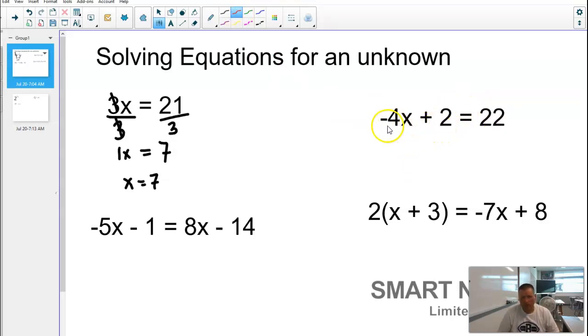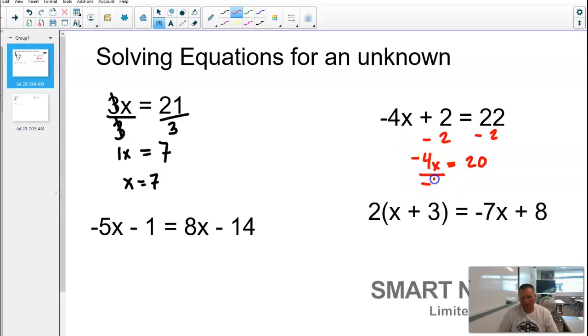This top right one, again, I'm trying to figure out what x is, so I'm going to get everything away from that. I've got this -4 that's timesing to it, and this added 2. I'm going to get rid of the 2 first. To get rid of addition is subtraction. That cancels it out and makes it 0. We just don't need to write it. I am left with -4x on the left side, and on the right side I'm left with 20. Then I take care of this -4 that is timesing to my variable.